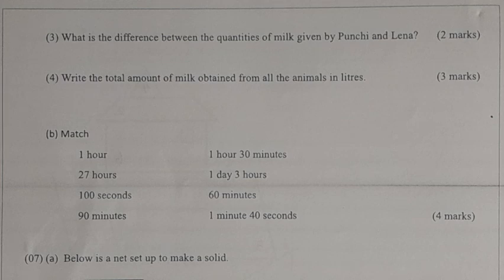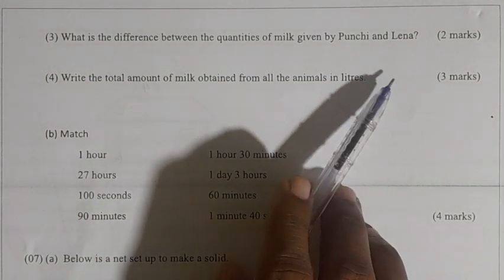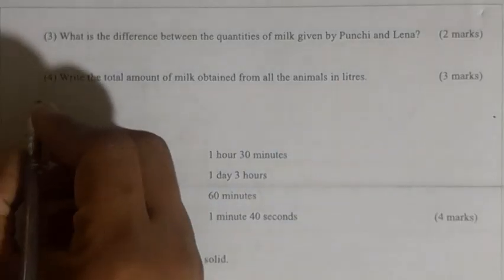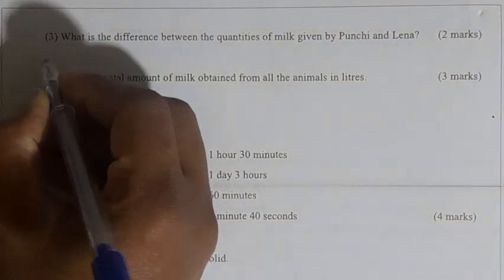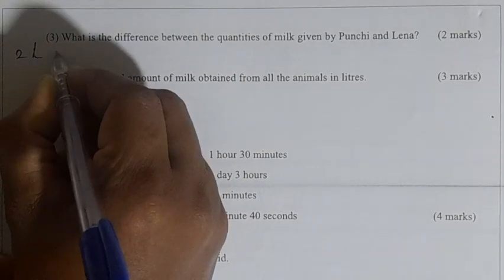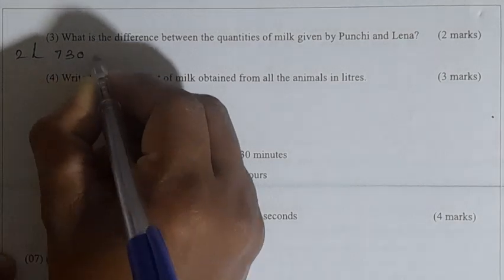Then third question, we are asking, what is the difference between the quantities of milk given by Punchi and Lena? Punchi has given 2 liters 730 milliliters.